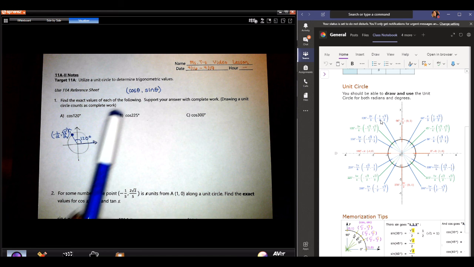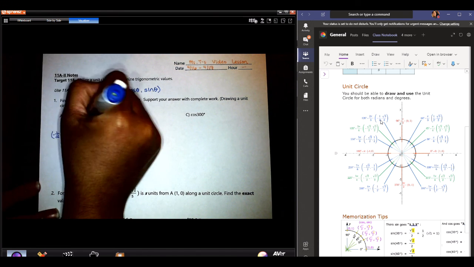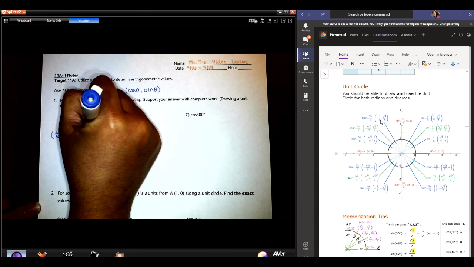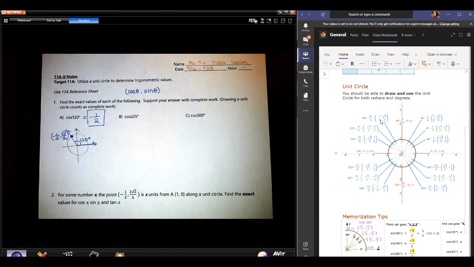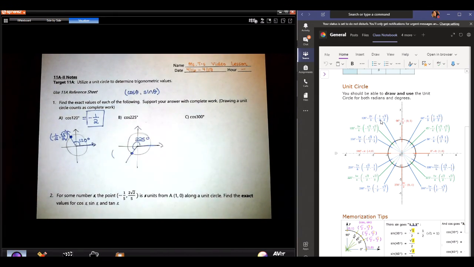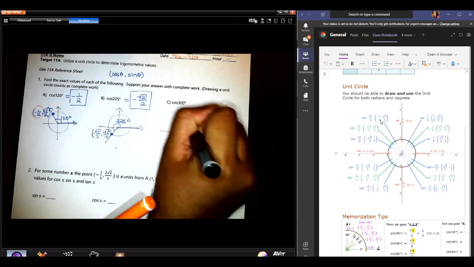From that, we're going to look for cosine. Cosine is going to be on the left-hand side, so that's -1/2. So our answer is -1/2. That simple. That's all you would have to do for each of these. So go ahead and do the other two, and we will then continue, okay?